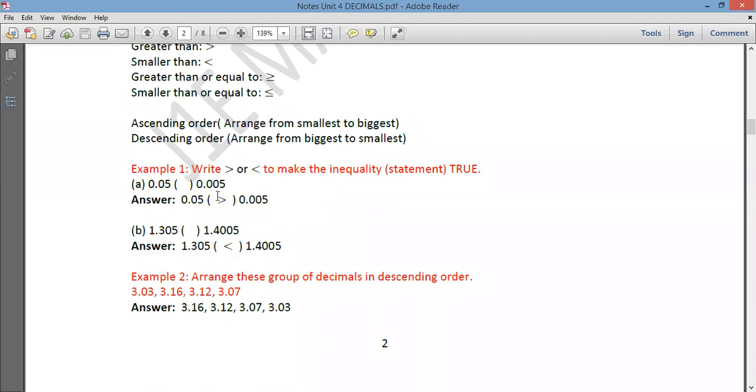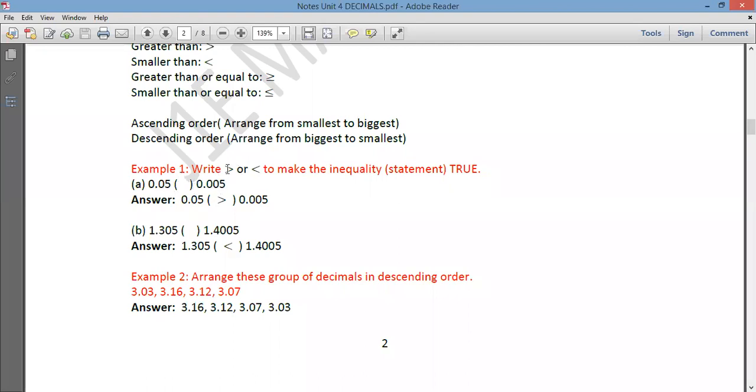Okay, we go back to example 1. Write greater than or less than to make the inequality a true statement. So this is the statement. They want you to fill in this bracket in order to make this statement true. So you know that 0.05 is greater than 0.005.